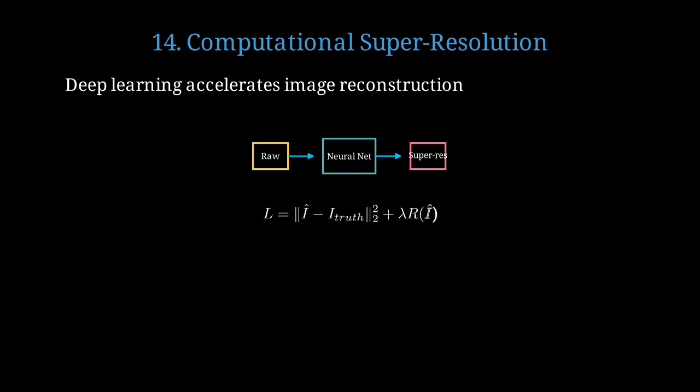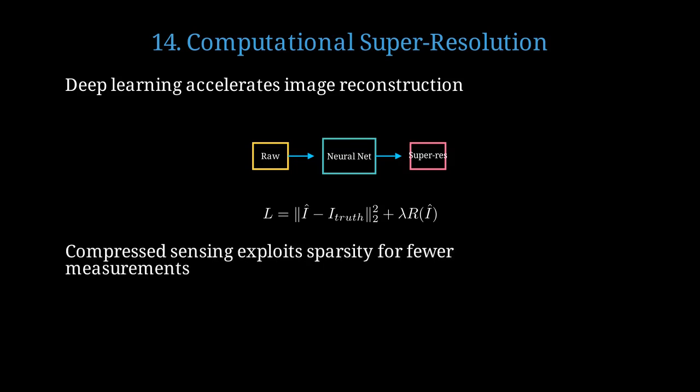Training minimizes a loss function, combining L2 difference between predicted and true images, plus a regularization term R that enforces physical constraints like sparsity. Compressed sensing theory proves that sparse signals can be perfectly reconstructed from far fewer measurements than traditional Nyquist sampling requires.